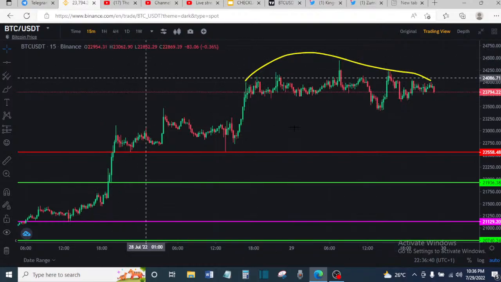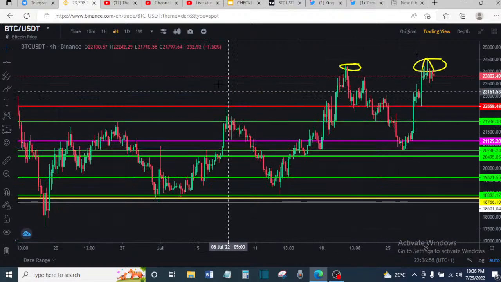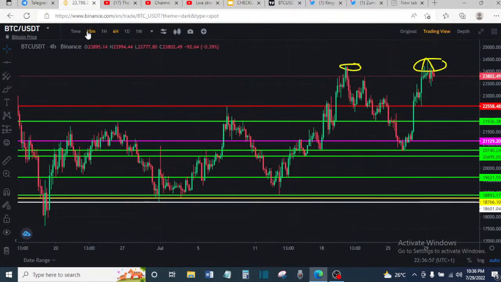What I gave you the other time was a 4-hour overview. If you continue to use the 15-minute and 1-hour chart time frames to check through, you can see some other moves. You can easily detect if price wants to change direction too.